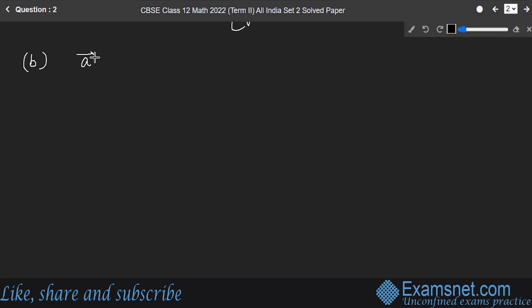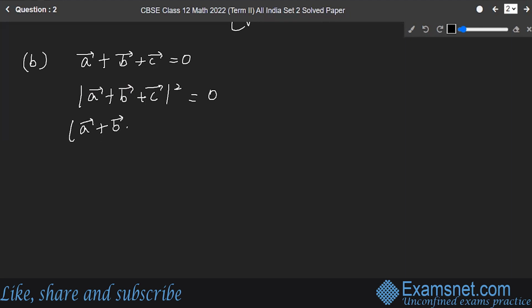You are given A plus B plus C vector is equal to 0. That means its square is also equal to 0, correct? Which can be written as A vector plus B plus C dot A plus B plus C is equal to 0.